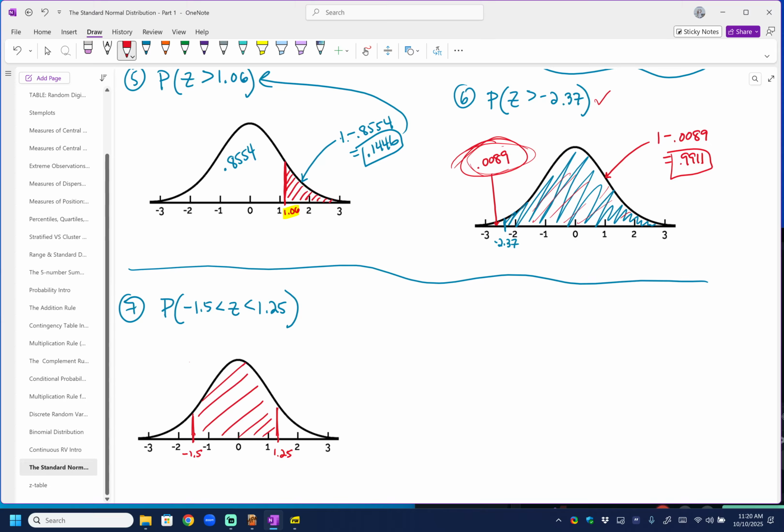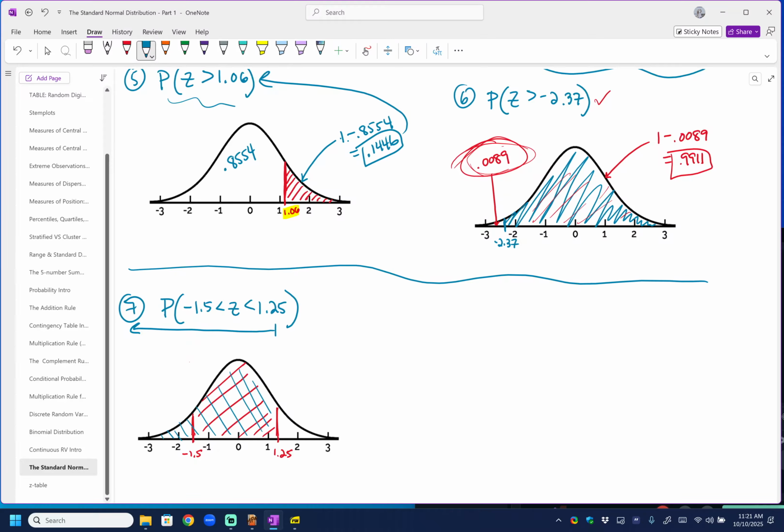Now, there is a unique strategy attached to this, just like there was in the greater than problems or the above problems. What you're always going to do is first find the area below the bigger z-score. If you do that, that's going to give us basically this area. Now, that's too much, way too much. So how do you decipher what you need to do next?